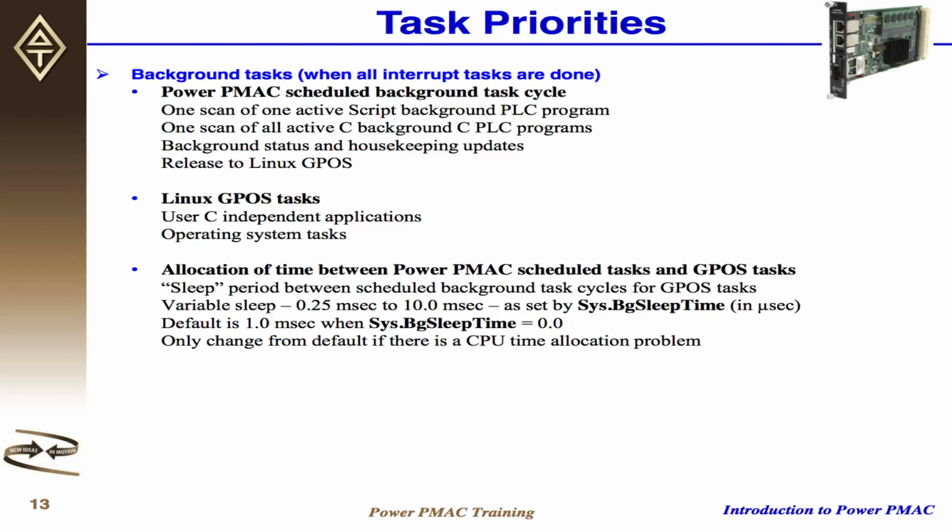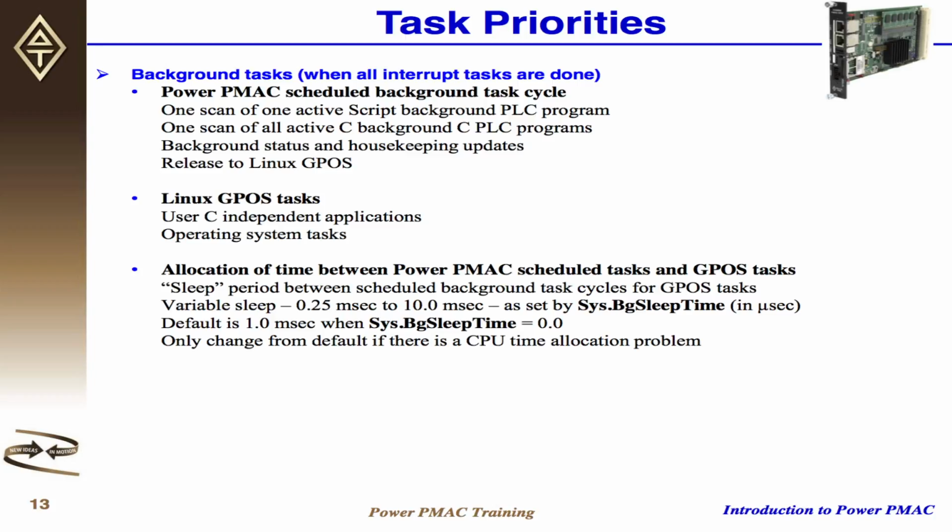Last but not least is the background tasks, where a number of things happen. This is where Power Pmac schedules all of the background script PLCs. They execute one script PLC at a time, and then one scan of all the active background C PLCs. They all run together as a contiguous group.